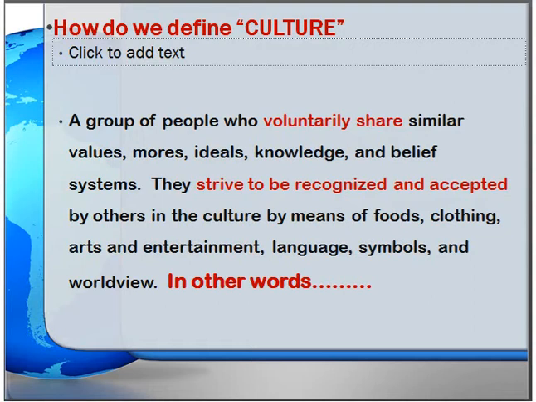Basically that means that we volunteer to be a part of a culture. It's our choice. We want to be a part of that culture, and so we choose to do so. The other important tenet of this definition is that as members of that culture, we really work hard to be accepted and recognized by other members of the culture.